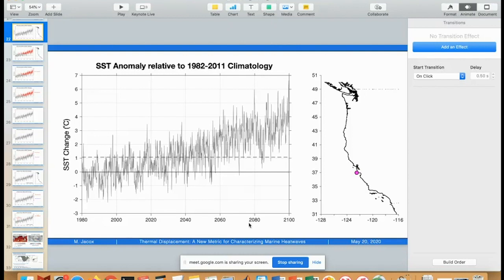It simply means that the largest displacements can occur in times when you don't have the largest SST anomalies. And I think that's largely dependent on the spatial pattern of the climate modes and where you are.